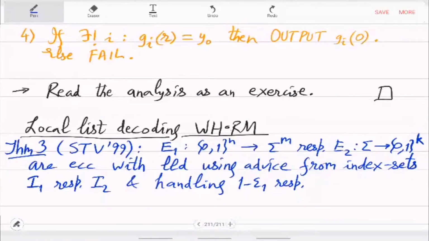So for the non-binary E1 it's 1 minus epsilon 1, for the binary E2 it's half minus epsilon 2. Then you can combine the two.